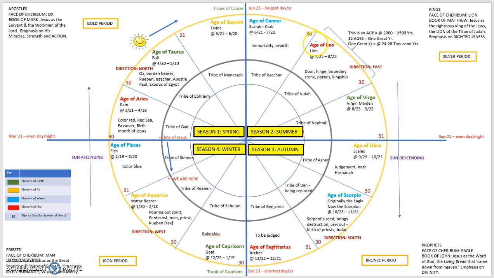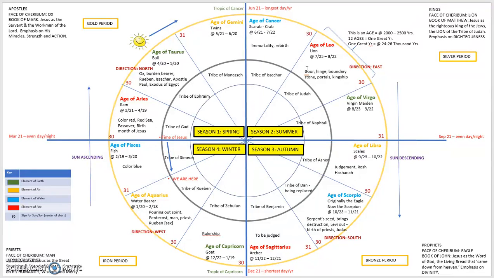To go from here to here will take you anywhere from 24 to 26,000 years. Now I'm talking about the ages, okay? I'm not talking about the sun making its way all the way around these constellations in a year. I'm talking about time and working your way through all of these ages. Now I thought that was pretty interesting.